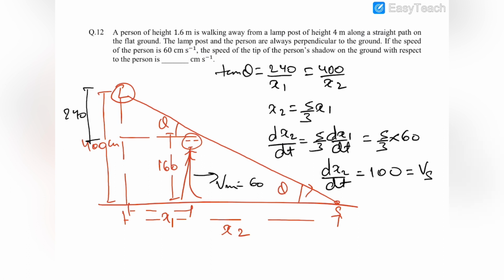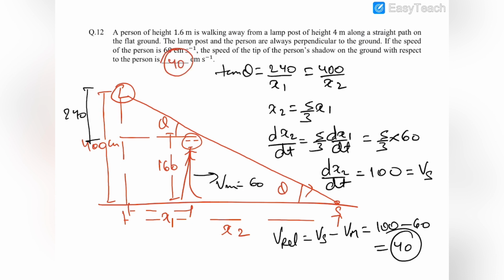Now we have to find out the relative velocity of the shadow with respect to the man. So V relative would be V shadow minus V man, which is 100 minus 60, and it would be 40. So the correct answer would be 40. Now we move on to the next question.